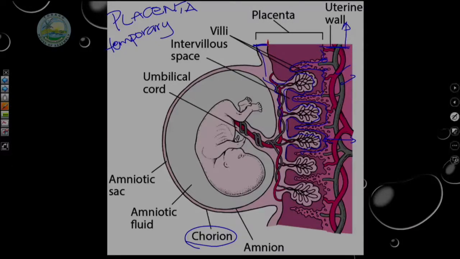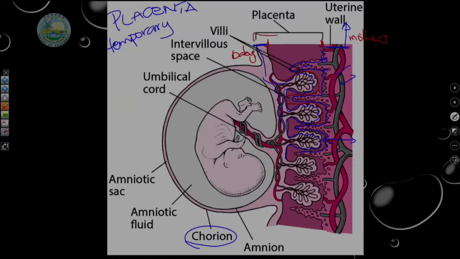So you have this space here between the mother's side and the baby's side. So this is a space where the both of them never meet. So you don't have mixing at all of the mother's blood with the baby's blood, right?